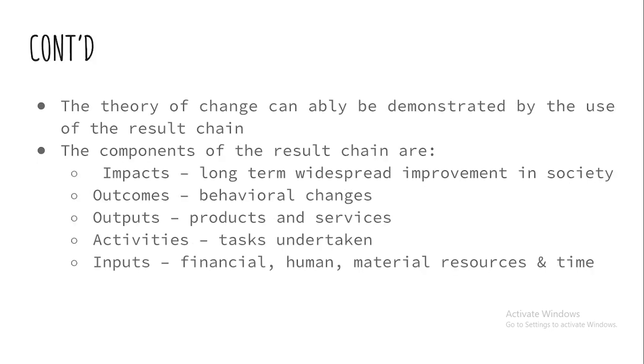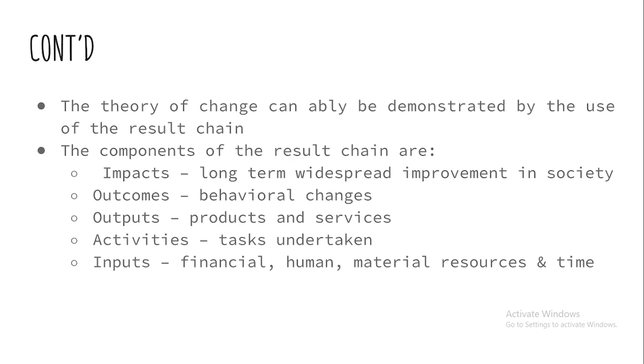The theory of change can ably demonstrate the use of the results chain. And as I said earlier, the results chain includes the following, which I mentioned in my earlier videos. The impact: these are long-term widespread improvements in society.